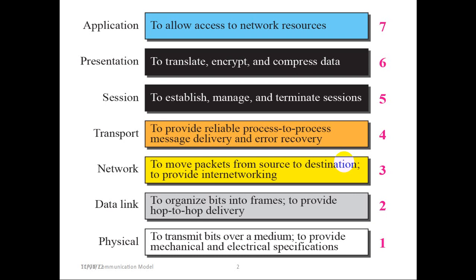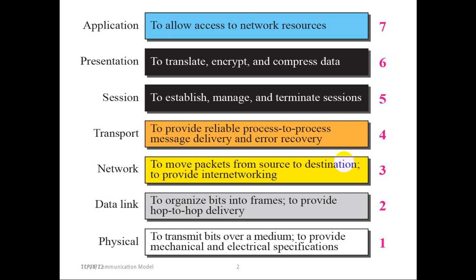In layer 5, there is the session layer. The session layer establishes the connection, manages the connection, and if we no longer need that session, it can terminate that particular session. So the session layer establishes, manages, and terminates sessions.